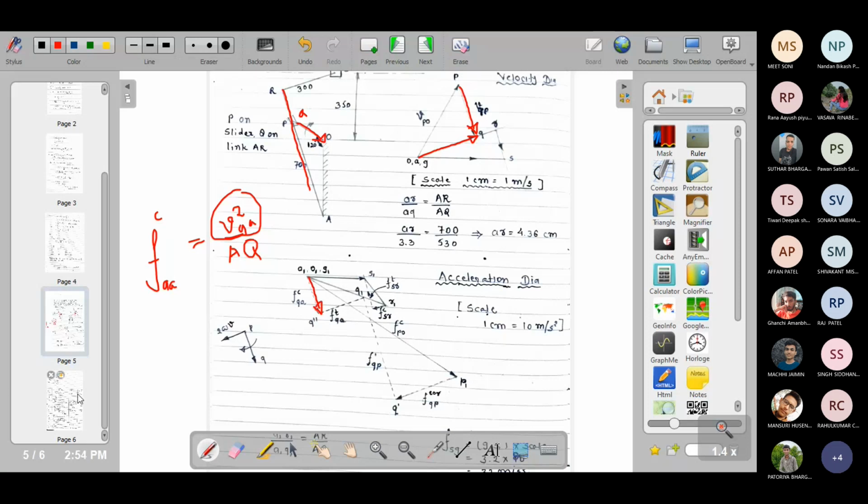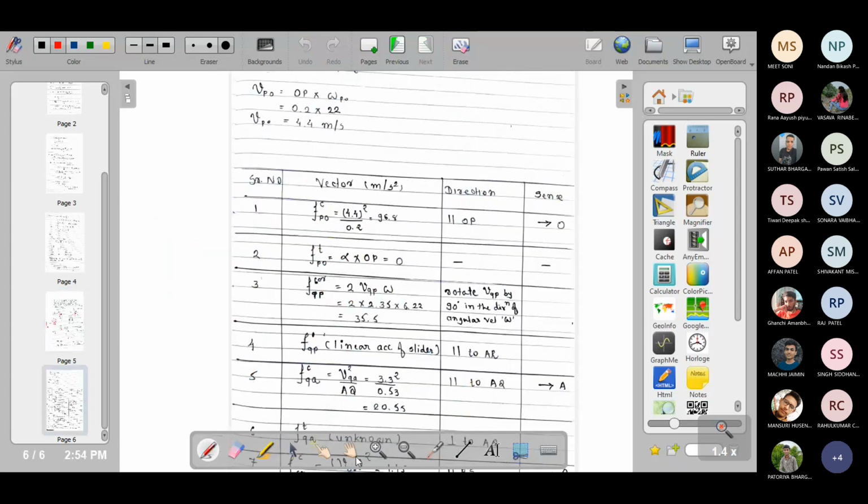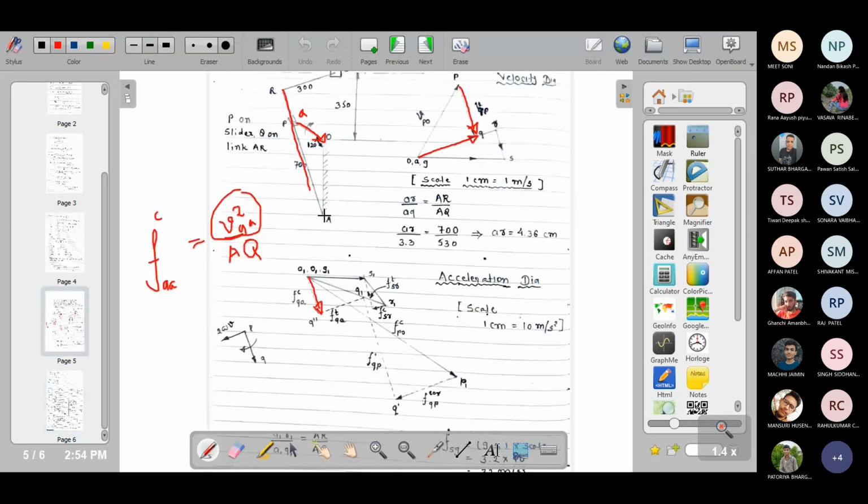Because it is towards the point of rotation, towards the point A. Q is here, but my radial component is parallel and towards the center of rotation, which means it is going in the downward direction.